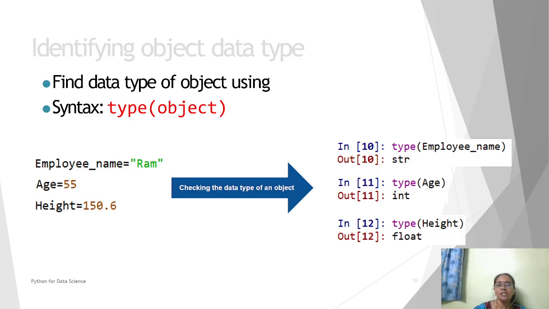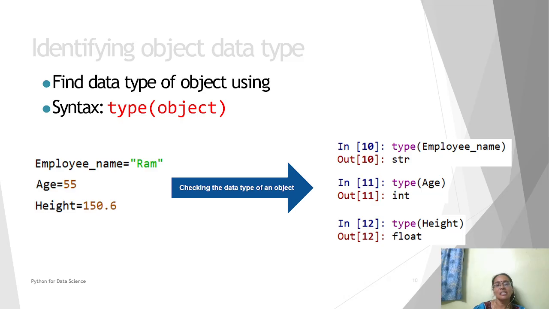It will print string, because the data type stored is a string. Age means I have assigned the value 55. It is an integer. For example, height is equal to 150.6 means it will give us float.